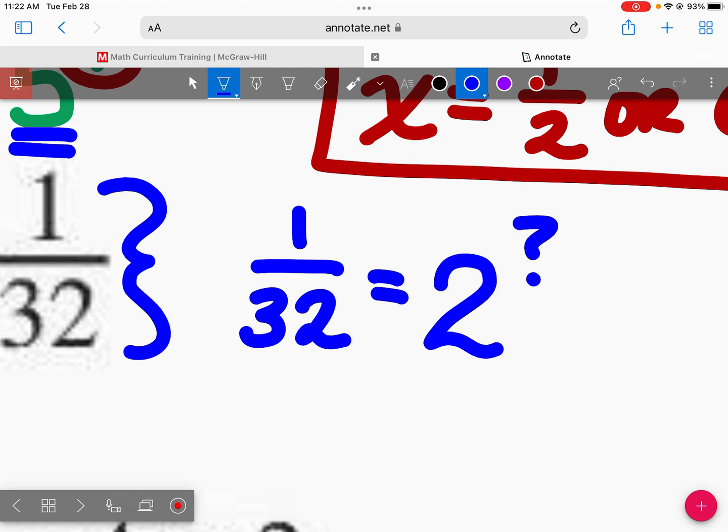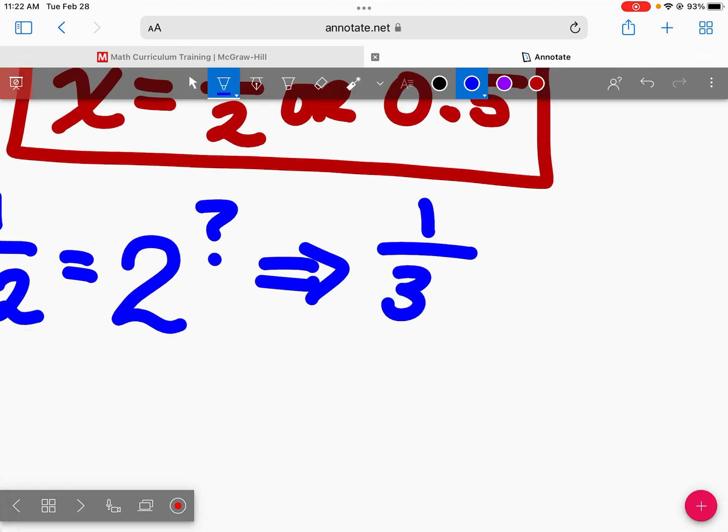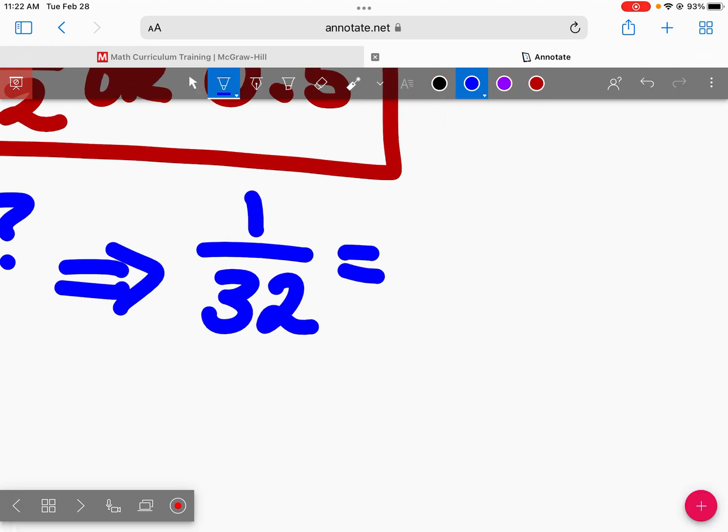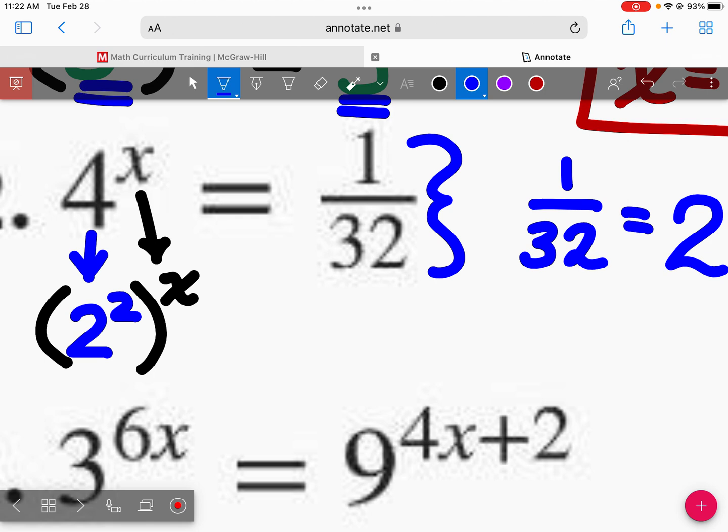Try some different numbers. 2 to the negative 5 power, yes. 1 over 32 is equal to 2 to the negative 5th. So I'm going to rewrite this side as 2 to the negative 5th.